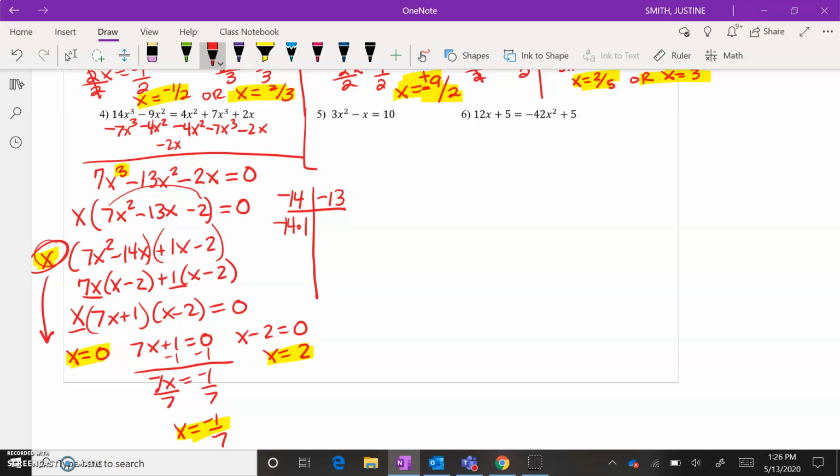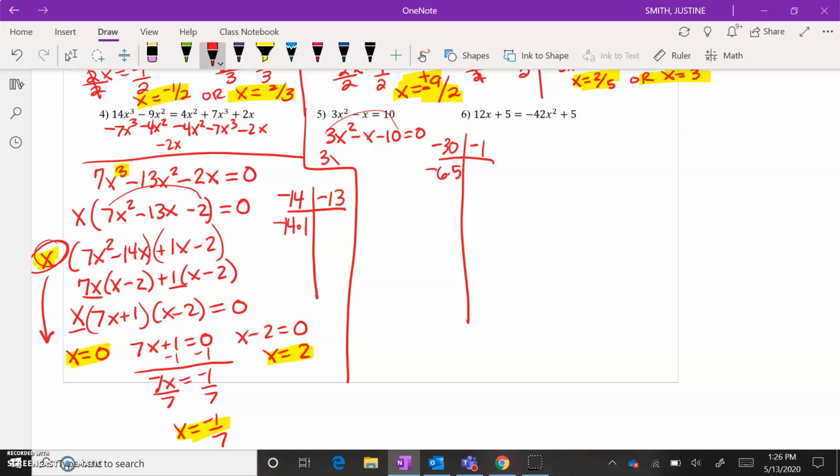All right, number 5. Again, get it set equal to 0. We cannot take a GCF out. Okay, so we have to do another tricky trinomial. So it has to multiply to negative 30, add to negative 1. So that would be negative 6 times 5.